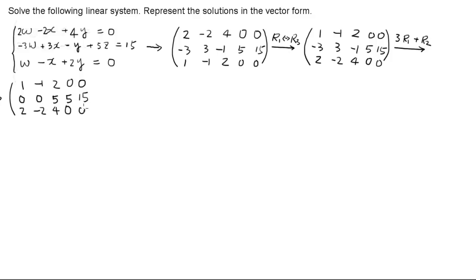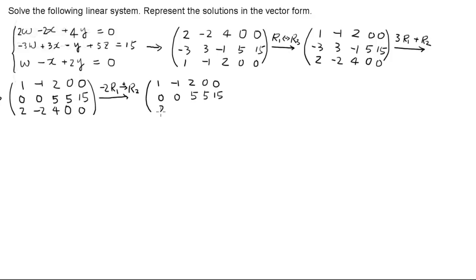We can actually do the last one together, but let's just copy one more time. Alright, so we have this one over here, and then we multiply -2 to the first row and then add it to the third row. Sometimes we use this notation, it's probably better. And then we have the following: 1, -1, 2, and 0, and 0, and 0, and 0, 5, 5, and 15.